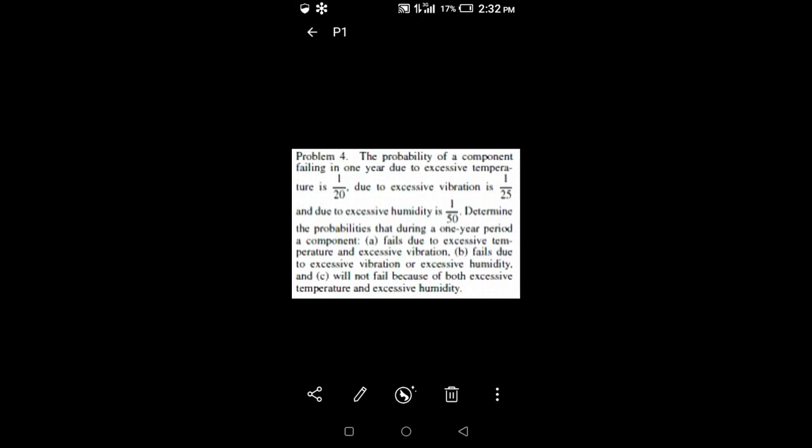So if the probability of it failing for the temperature is 1/20, what is the probability of it not failing? It's not 1 over anything. It's 19 over 20 because you are removing 1 out of 20.